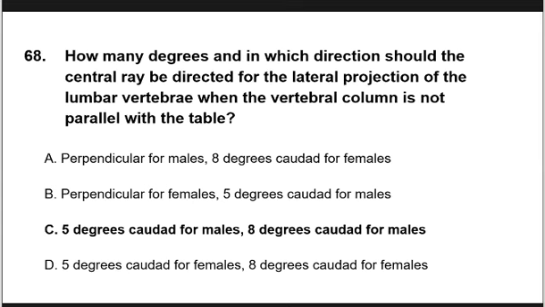Kung ang pasyente ay lalaki, 5 degrees caudally. Kung ang pasyente ay babae, 8 degrees caudally ang central ray angulation.